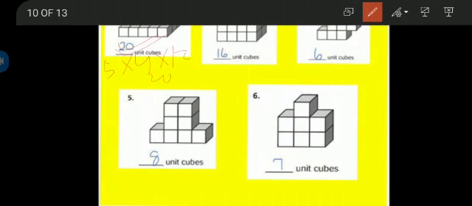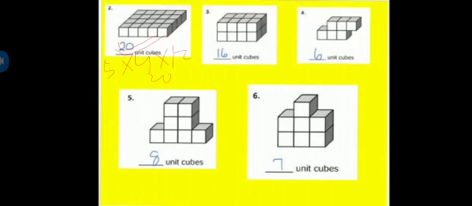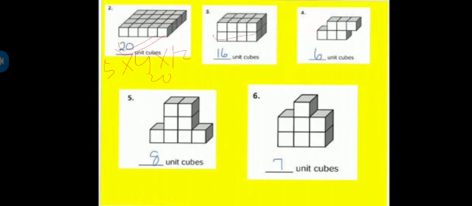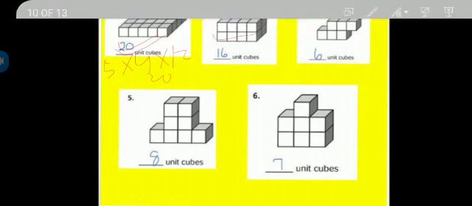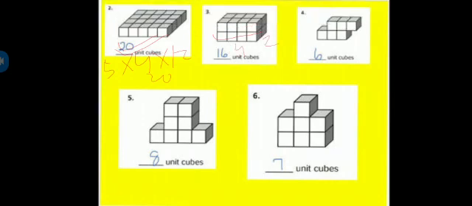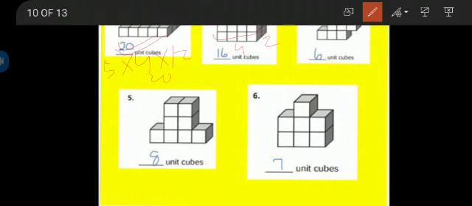Another figure you can see here, lengthwise 4 cubes are present, breadthwise 2 cubes are present, and heightwise also 2 cubes are present. So 4 into 2 is 8, into 2 is 16 cubic units.